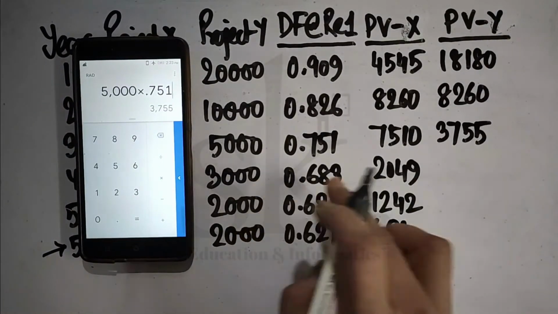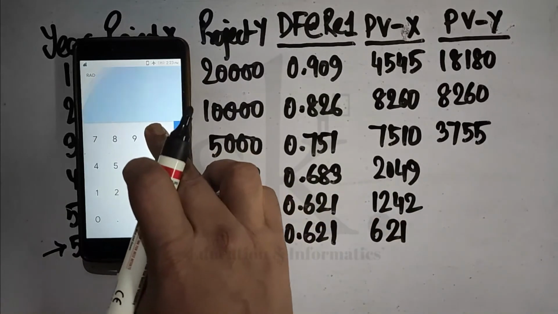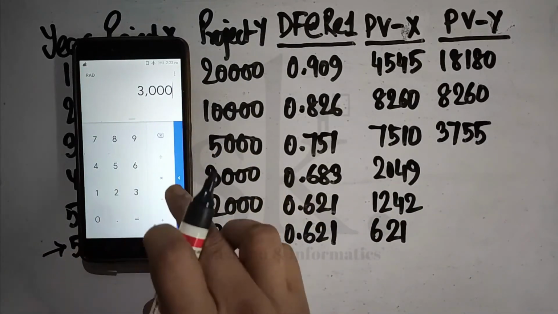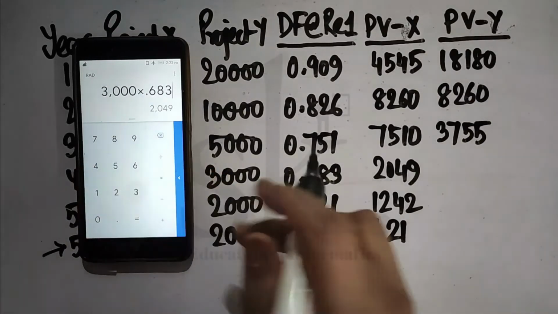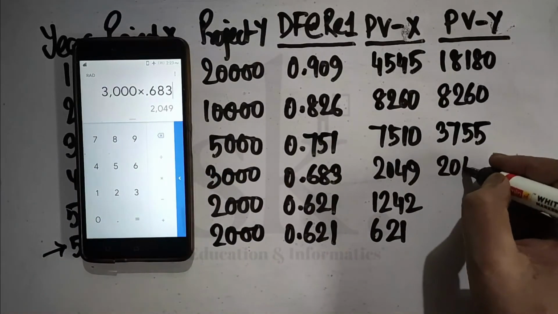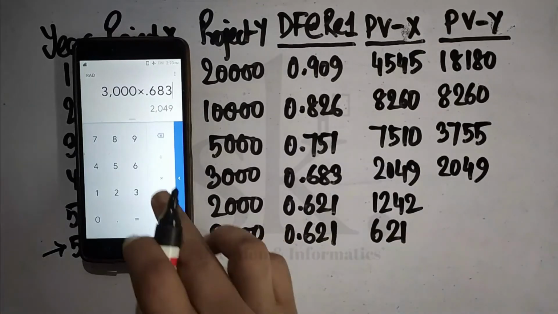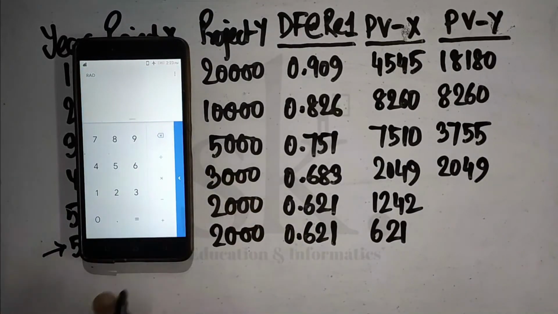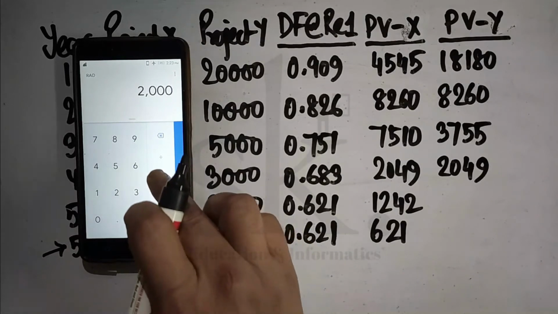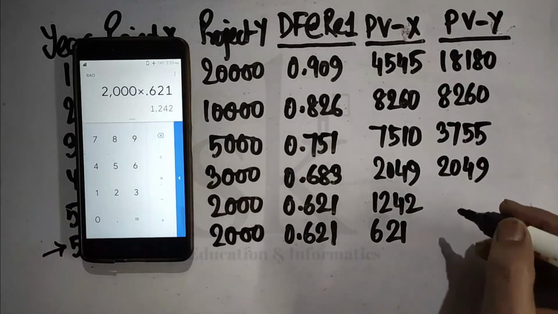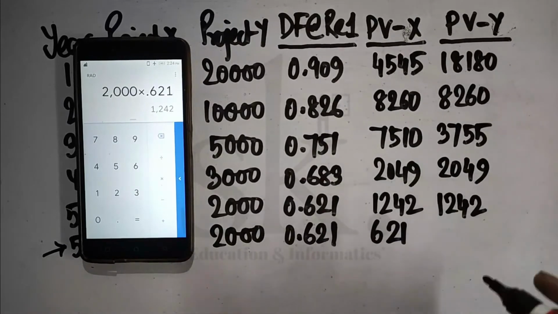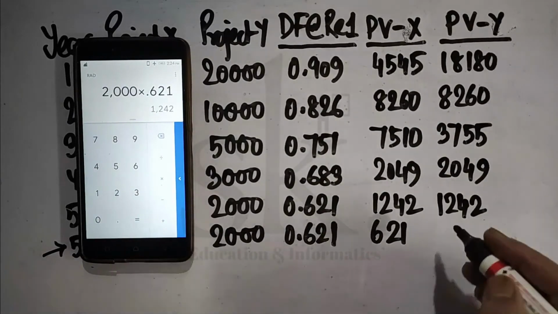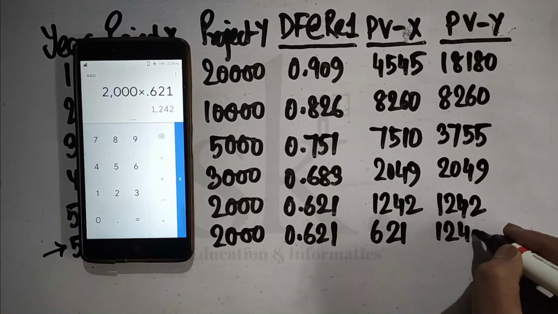For the fourth year it is 3,000 into 0.683, it's coming 2049. Then it's 2000 into 0.621, it's coming 1242, and the last one is also 2000 into 0.621, 1242.